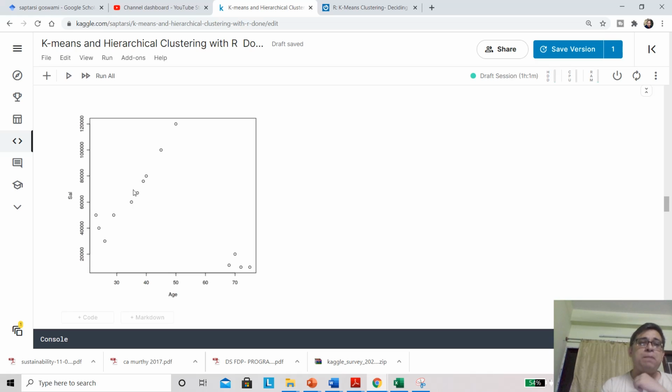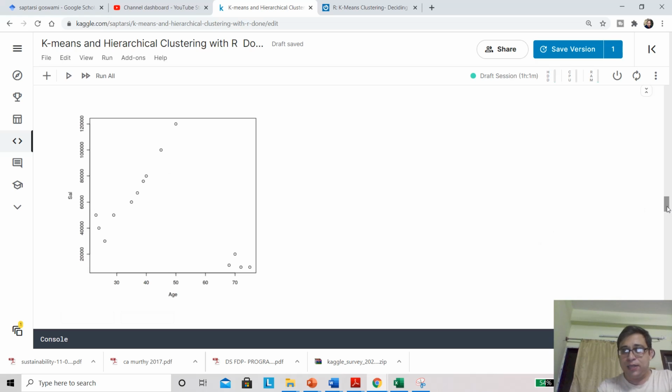Mid career people have quite an increase in the salary. If I think of semantics, these are my three clusters. Why is it important? When I create my clusters, I would like to validate that whatever was my understanding, the clusters also give the same groups.